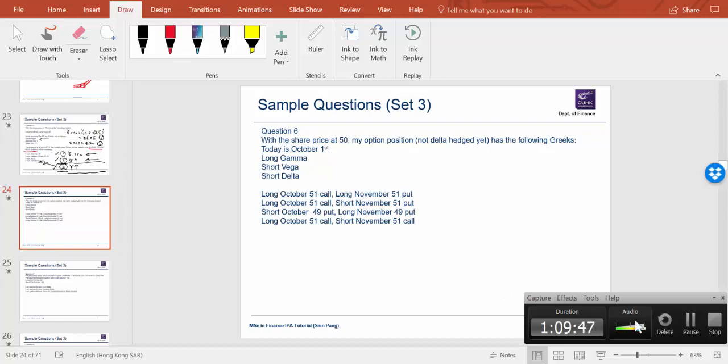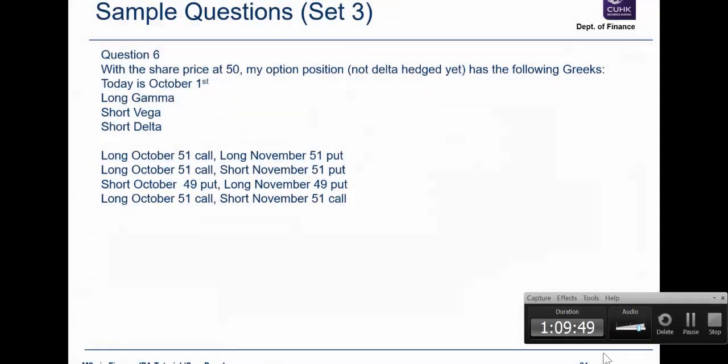Okay, so for question 6, with the share price at 50, my option position, which is not yet delta neutral, it has the following Greeks. Today is the start of October, so I am long gamma, I am short Vega, I am short delta, and I have not hedged my short delta.